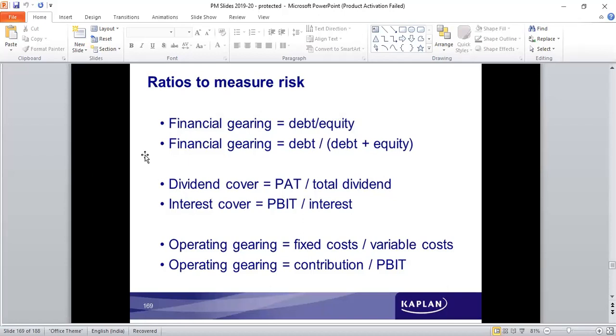Now, these ratios basically talk about what is the proportion of debt capital and equity capital. Because each of them have one set of advantage, one set of disadvantage. Considering that, what should be the proportion of these capitals to be invested?